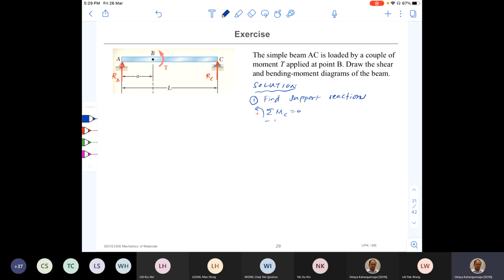So that means negative RA into the distance L plus, why I'm using plus, you understand, right? Because T is in the anti-clockwise direction. It's the moment T, should be equal to 0. Okay, so this implies that RA is equal to T by L. So the direction I marked for RA is correct. T by L, positive direction.